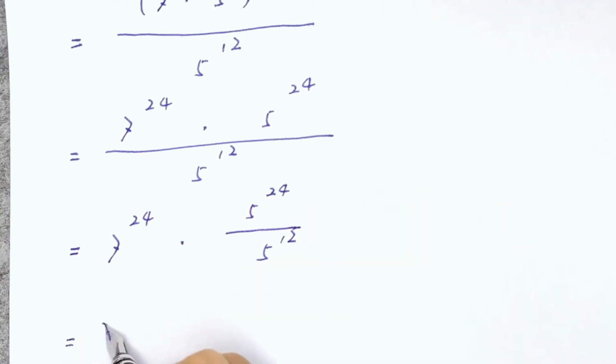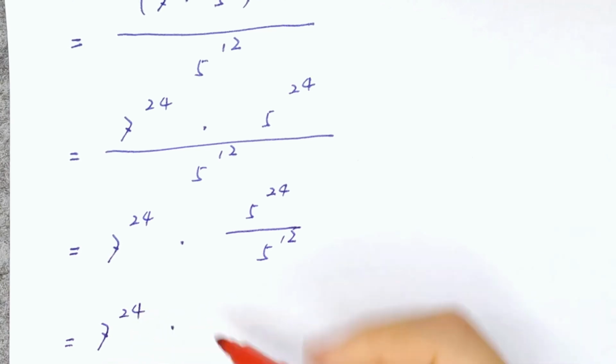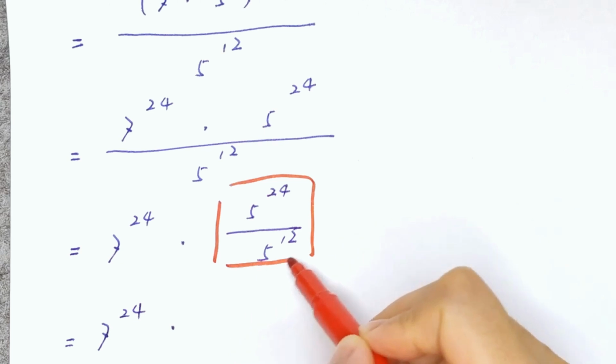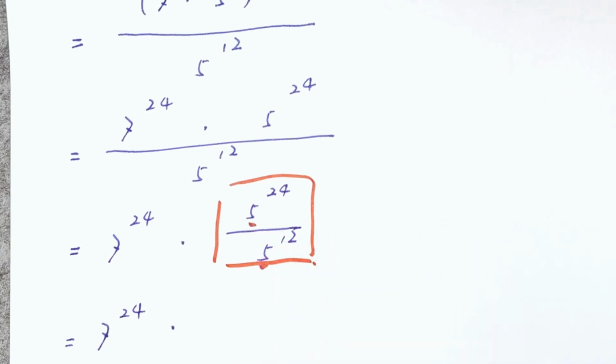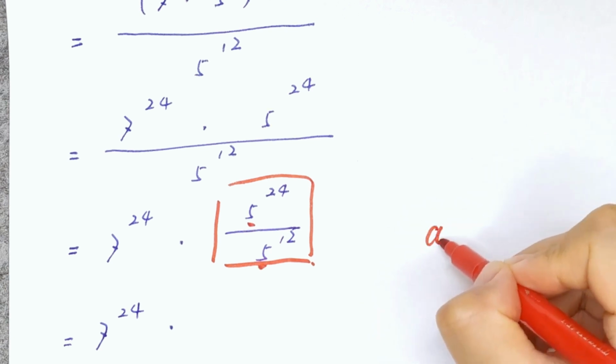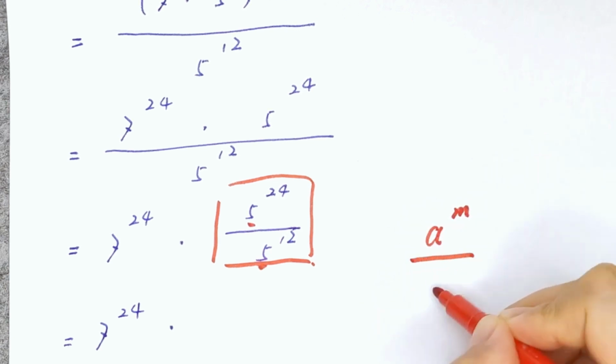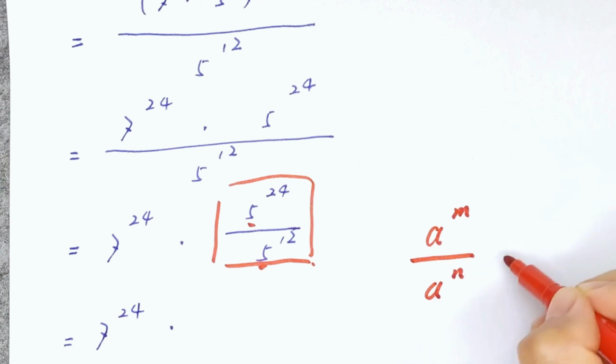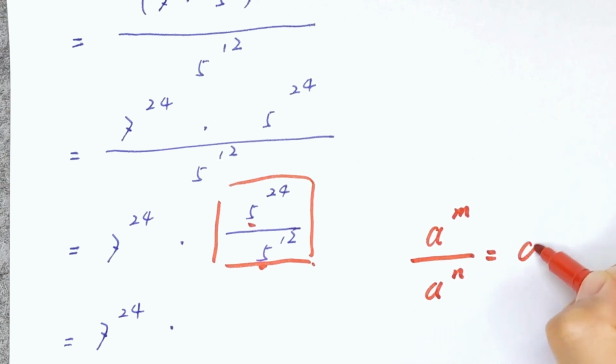It will be equal to 7 to the power of 24 times, in this part, 5 is common, so we'll apply the formula that a to the power m over a to the power n is equal to a to the power of m minus n.